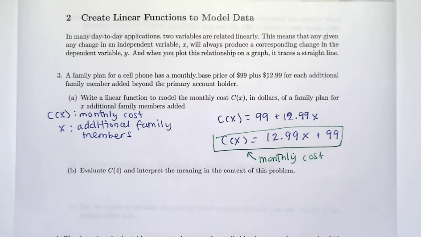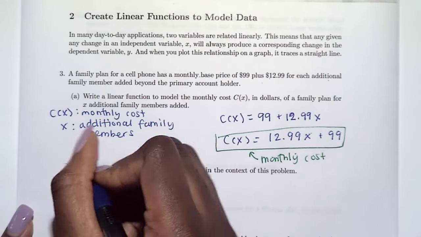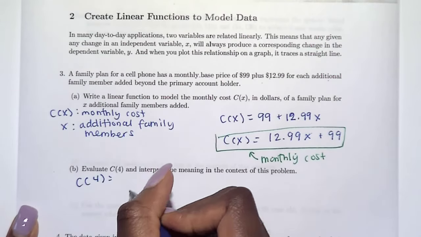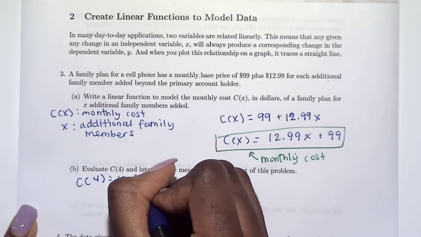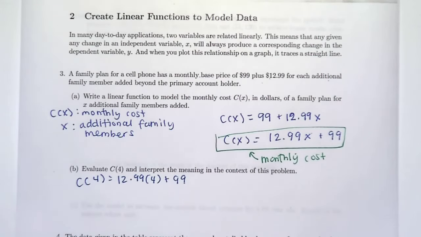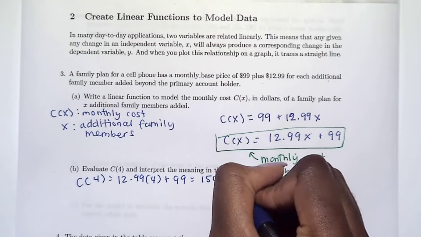Keeping this in mind, let's evaluate what C of 4 will be and then interpret the meaning in the context of this problem. C of 4 just means we're plugging 4 into our C. We can put this in our calculator and we get 150.96.